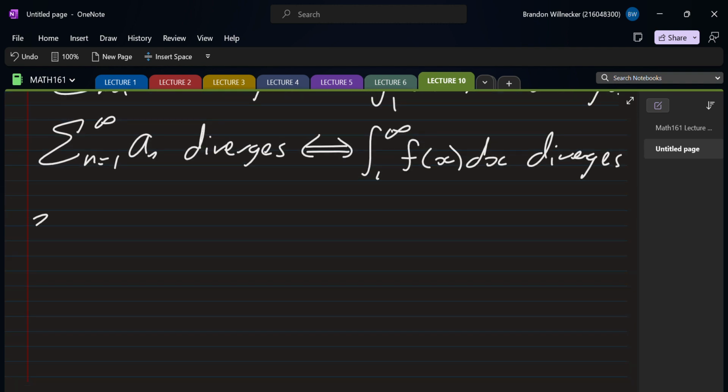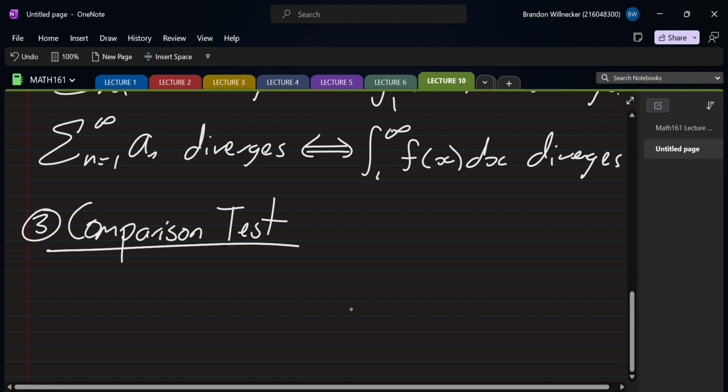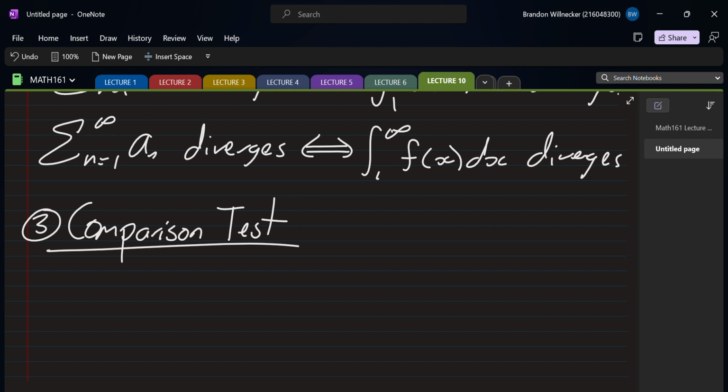Number 3, the comparison test. This is where we compare our series to one that we know either converges or diverges. As we go through these examples, you build up a collection of series that you know will diverge or you know will converge, and then you can use those to test other series.